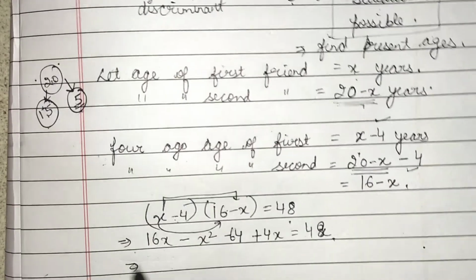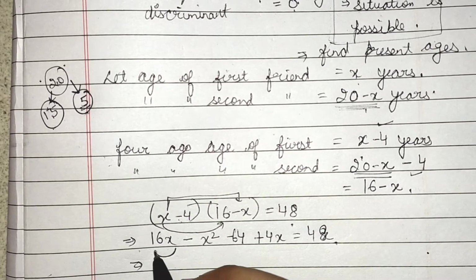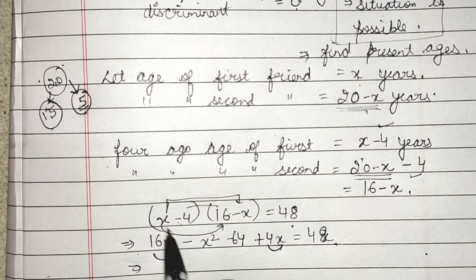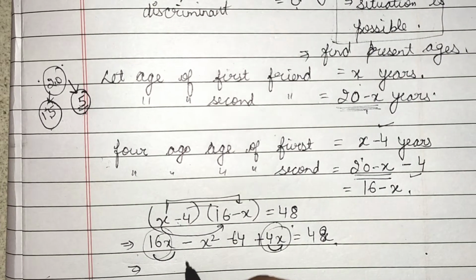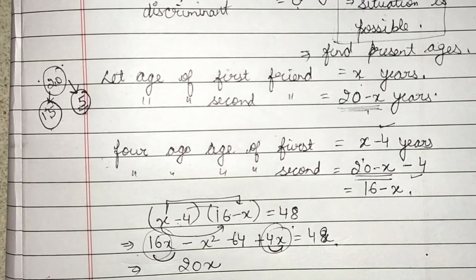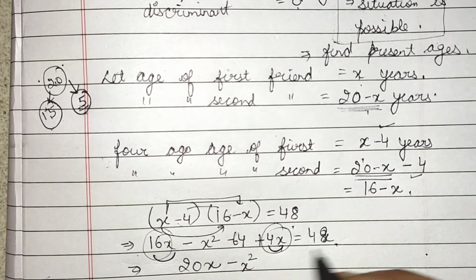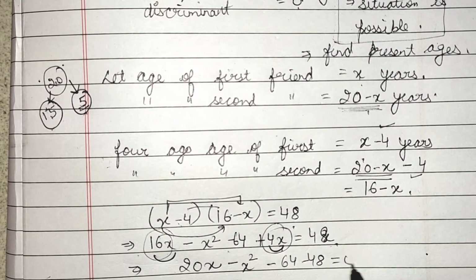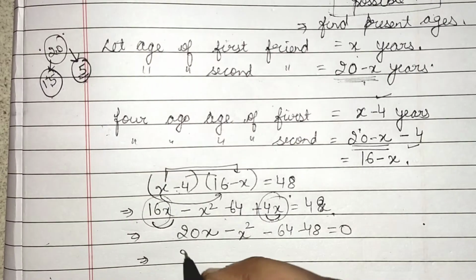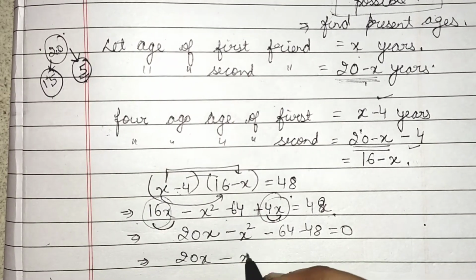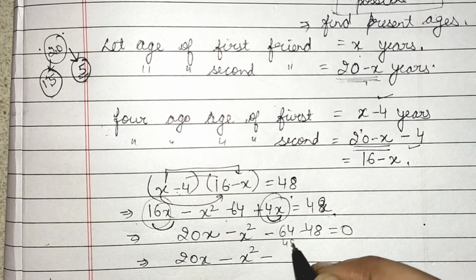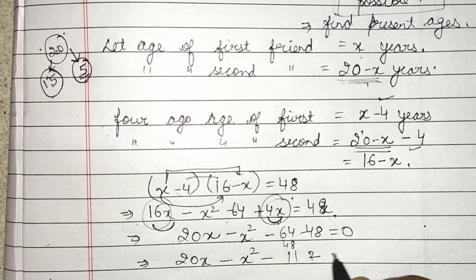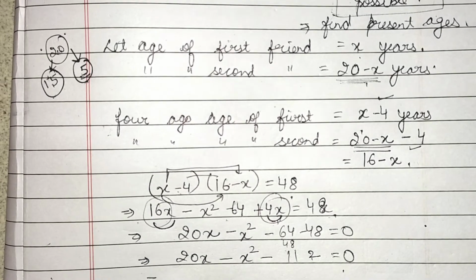Then I will add the values with the same powers of x. 16 plus 4 gives 20x minus x square. Then minus 48 comes here, equal to 0. So it gives 20x minus x square minus 112 is equal to 0.